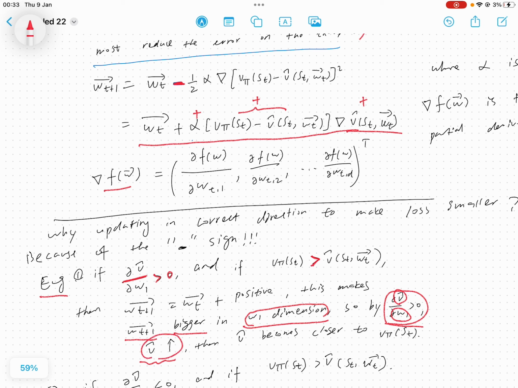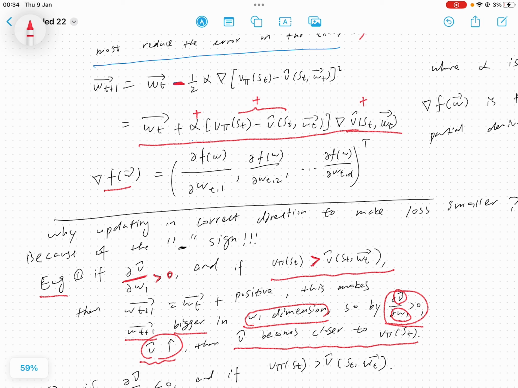Because it is increasing in a very small step, we know that V hat becomes closer to the true value. So this distance becomes smaller, and that successively adjusts this weight so that it makes the distance smaller.